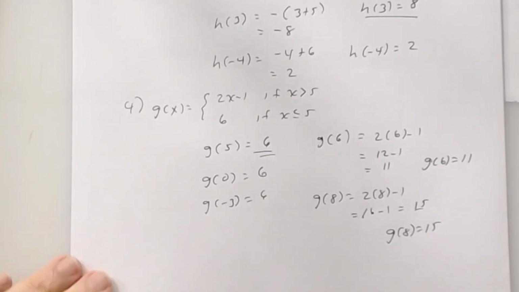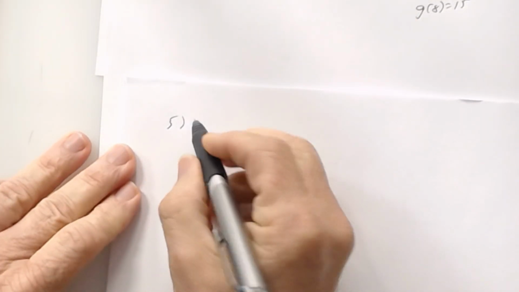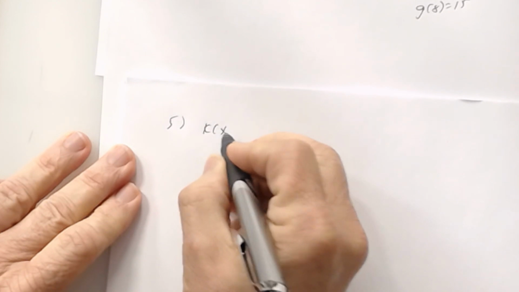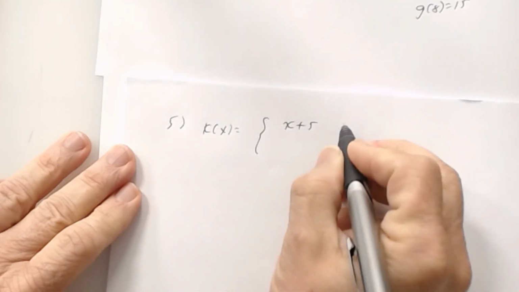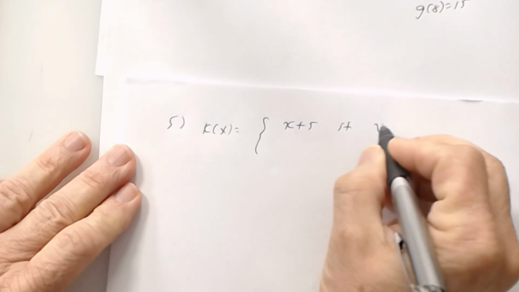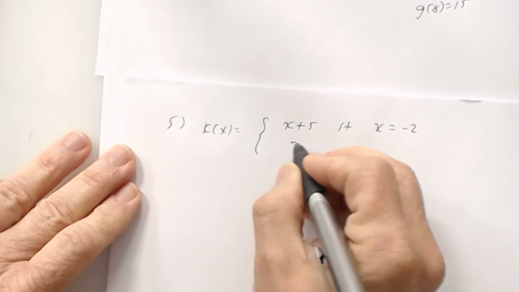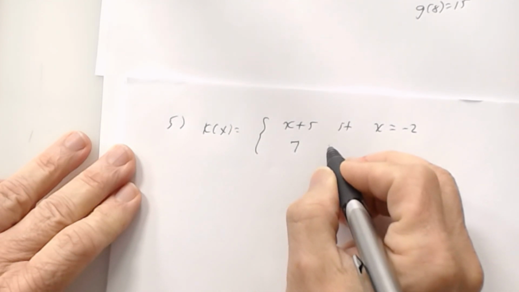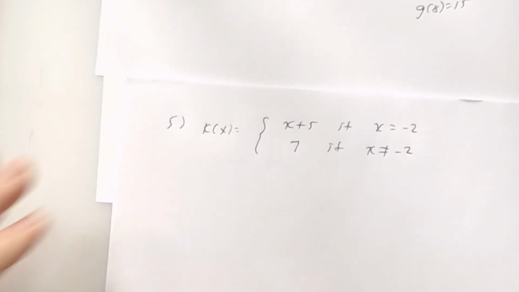All right, number 5. You have k of x equals x plus 5 if x equals negative 2, 7 if x does not equal negative 2.